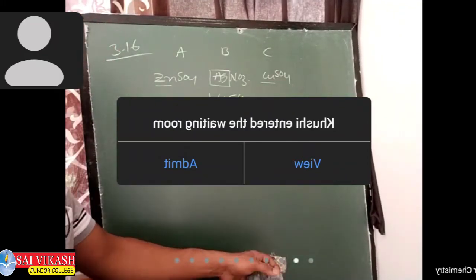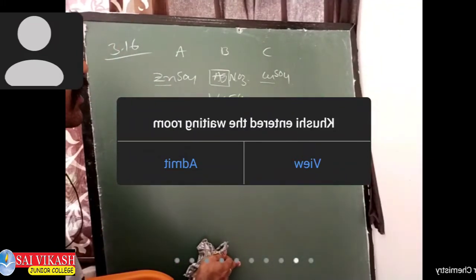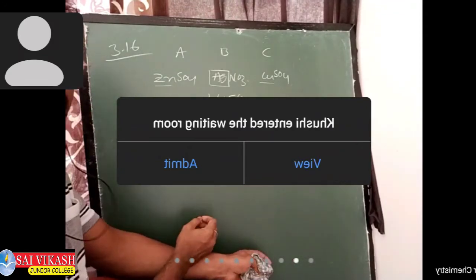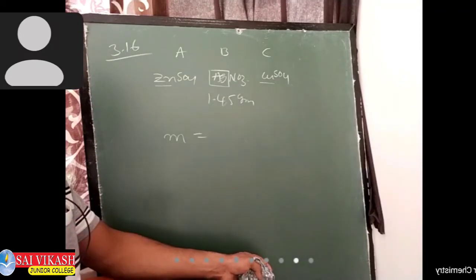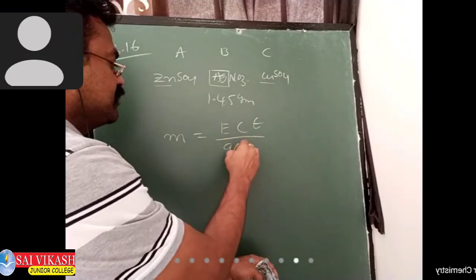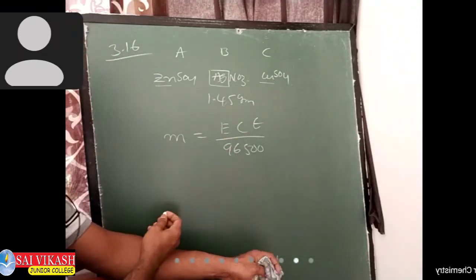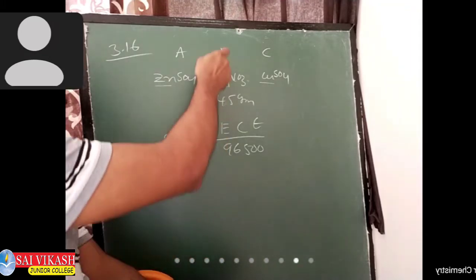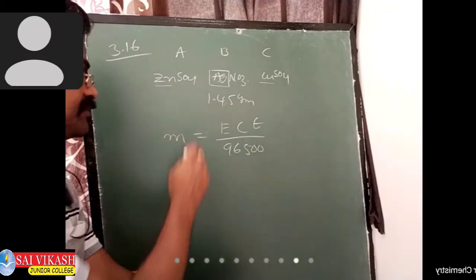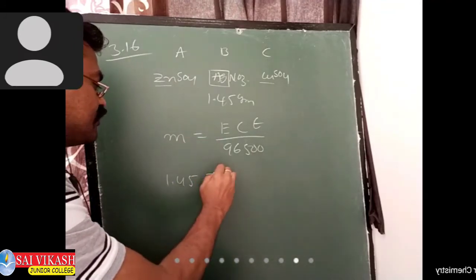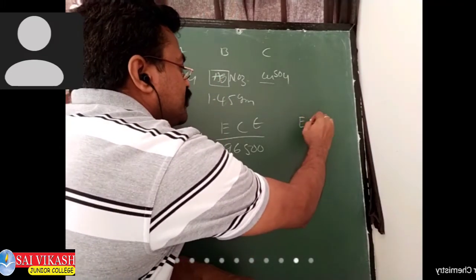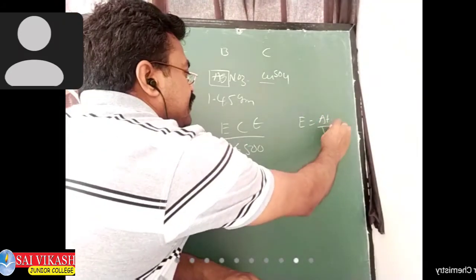And the mass of silver is given 1.45 gram. So by knowing the mass, we can find out the current flow time also. How? By using Faraday first law. According to Faraday first law, M equal to ECT by 96,500. So apply this formula for the silver nitrate because the silver nitrate mass is given. How much here? 1.45 is equal to E, equivalent weight of the silver. Equivalent weight formula है atomic weight by valency.